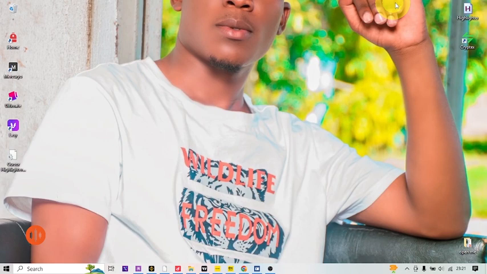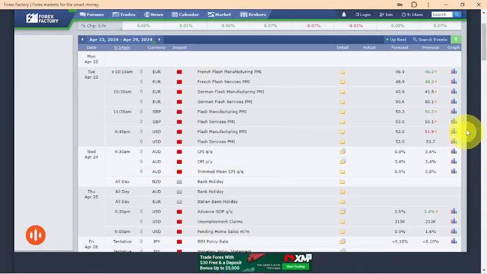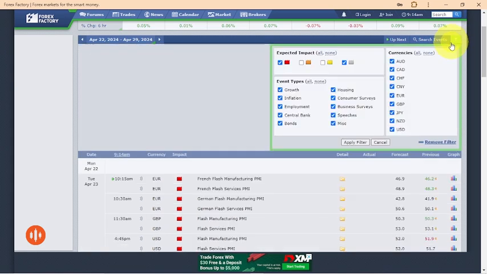Let's start once again. By starting today, I'm going to start with Forex Factory. This is a platform that gives us news. We catch all the news, the fundamentals of all the currencies, with this platform. You can go and search it in Google. Over there, we can set this filter.